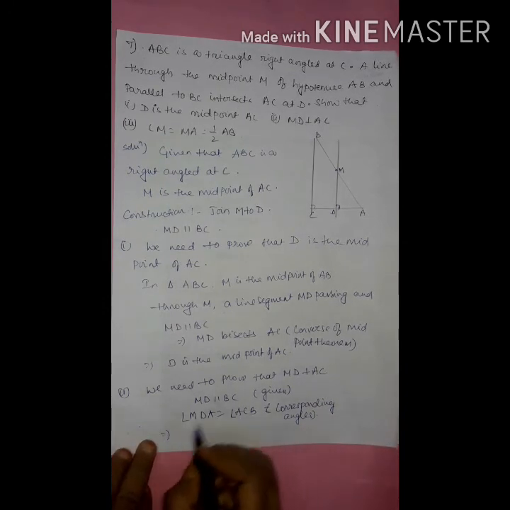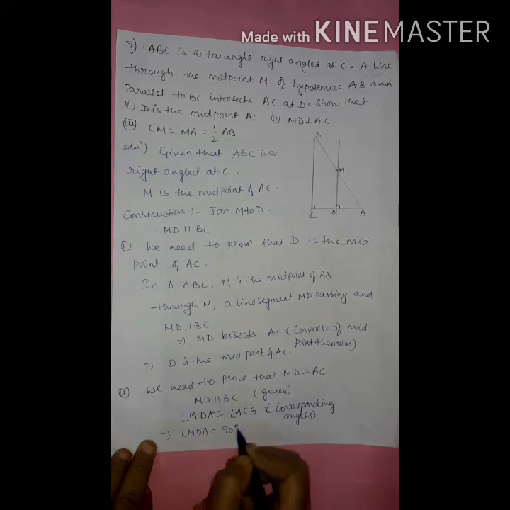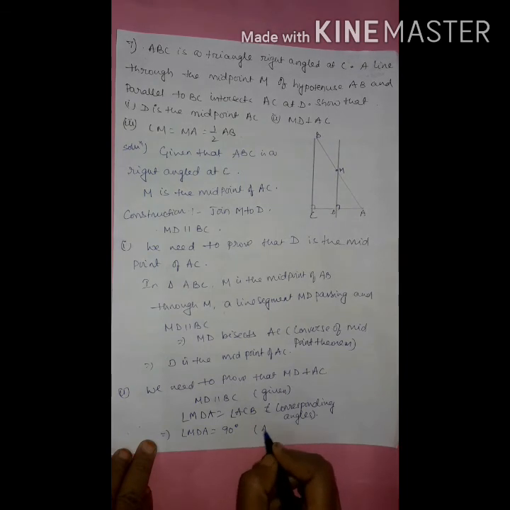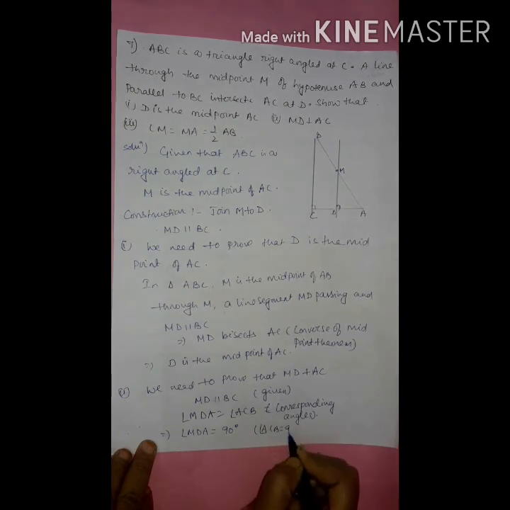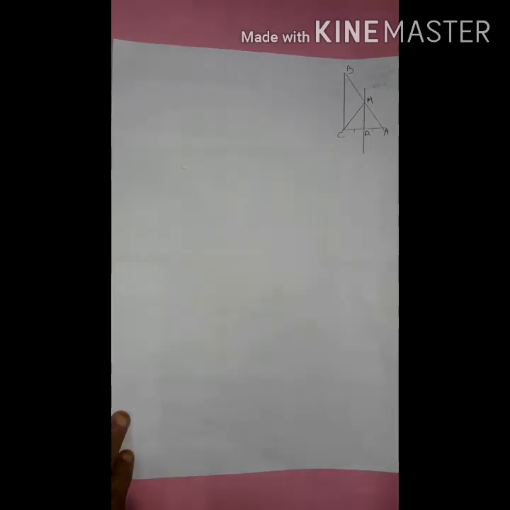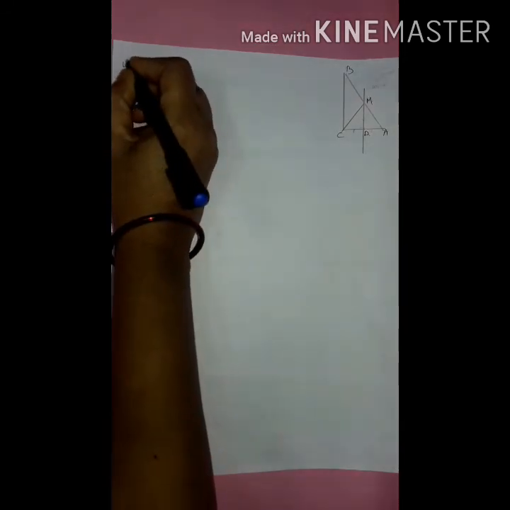This implies angle MDA is equal to 90 degrees, because angle ACB is equal to 90 degrees, it is given. This implies MD is perpendicular to AC. Proved.